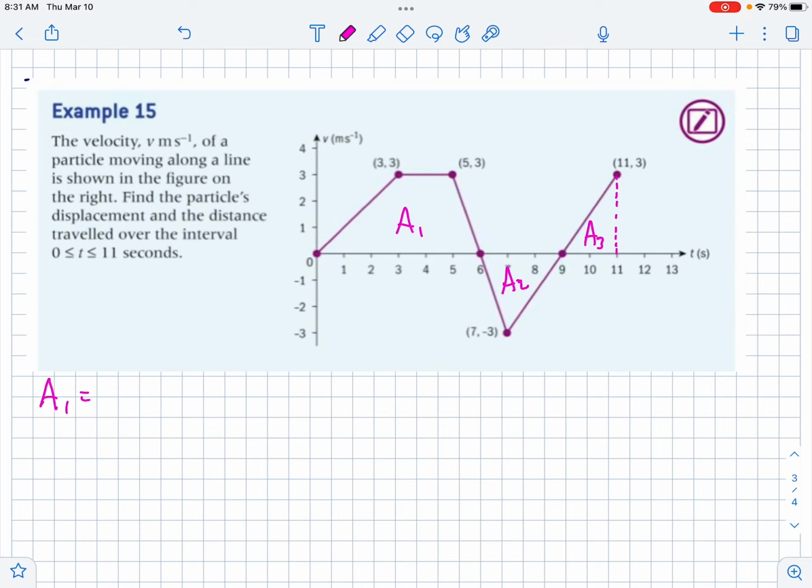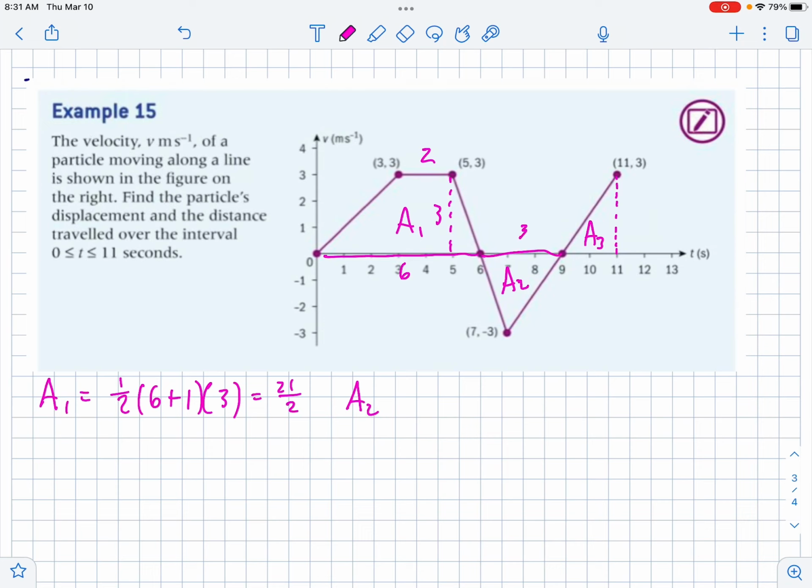So A1 is a trapezoid that has a base of 6, and then from 3 to 5, this is another base of 2, and then it's got a height of 3. So this is 1/2 times 6 plus 2, times 3, which is like, what, 21 halves?